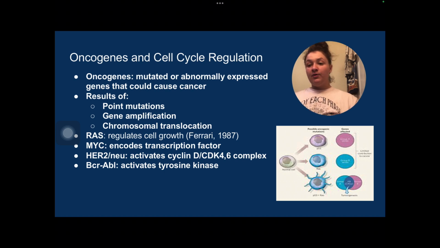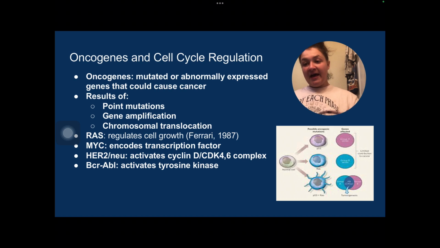MYC promotes the progression of cells through the cell cycle by upregulating genes that drive cell division. Overexpression of MYC disrupts normal cellular homeostasis by driving uncontrolled cell growth and division. It can also lead to metabolic changes that support the cancer cell's rapid proliferation.